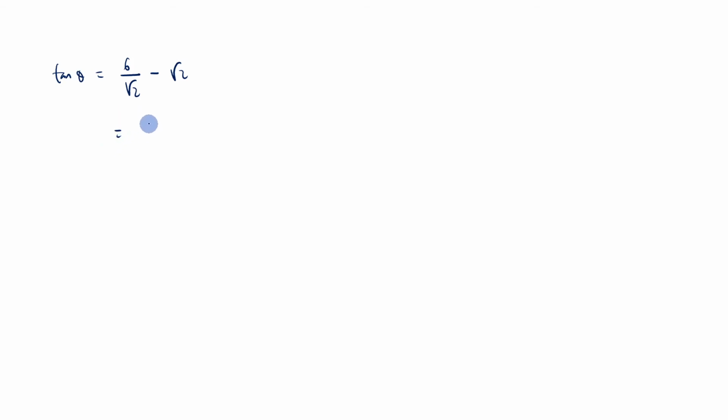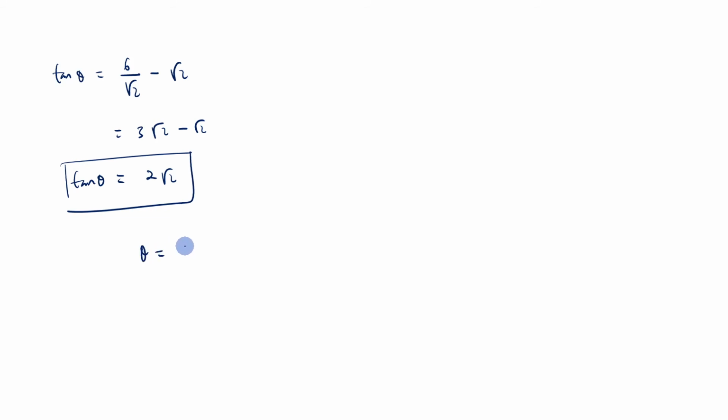So by rationalizing, we get 3 square root of 2 minus square root of 2, and tan theta at the last, the simplification is 2 square root of 2, and the associated theta is given by the tan theta. So we get theta with the numerical value approach equals 70.5 degrees. Okay, like this.